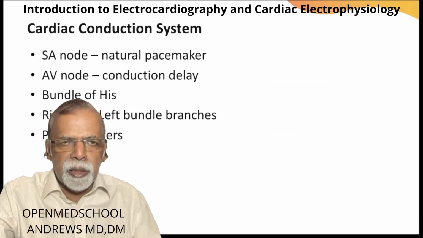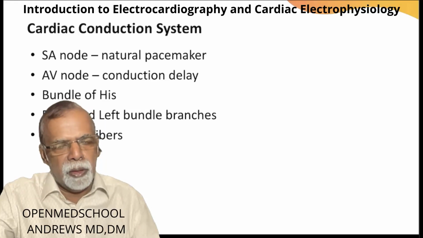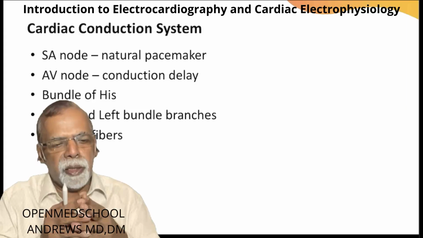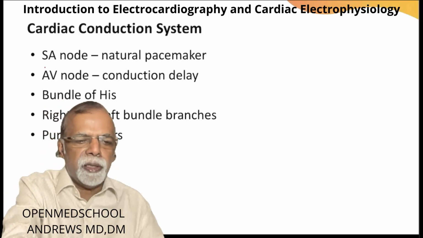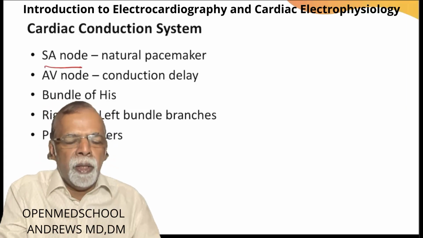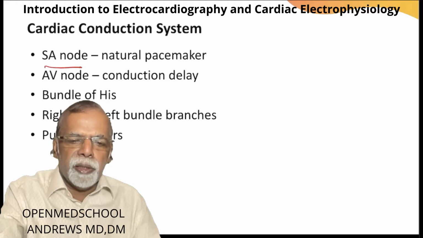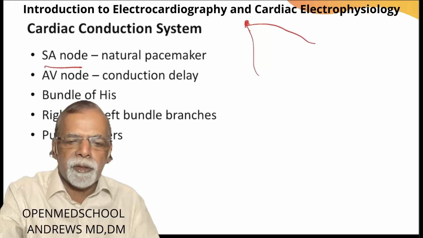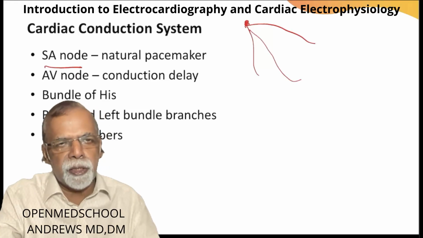For understanding the electrocardiogram, we should know the conducting system. So heart has got a pacemaker. That pacemaker is the SA node, the natural pacemaker. The SA node is situated in the atrium near the superior vena cava. The impulse is generated through a specialized conducting system. It depolarizes the atria.